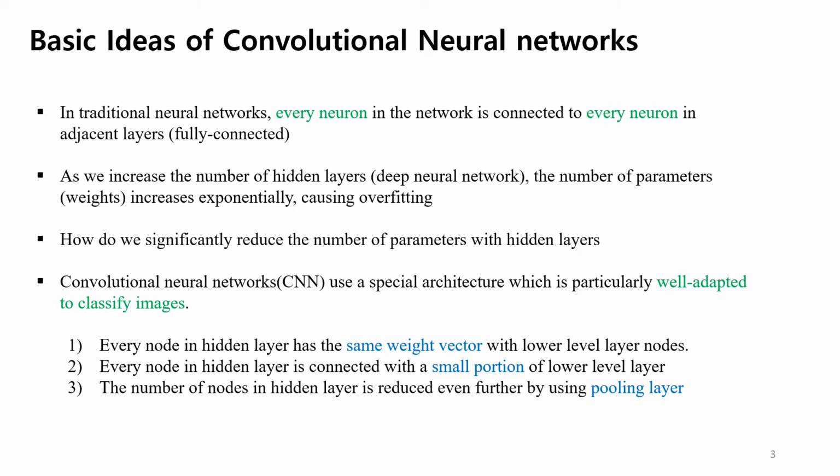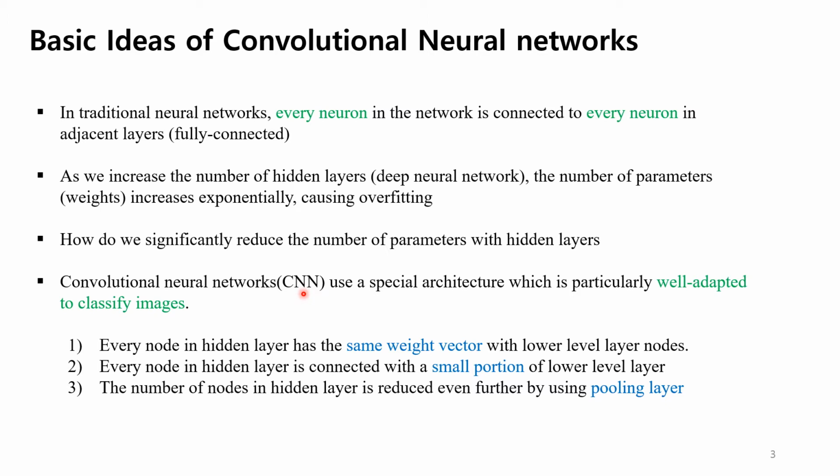The first one is weight sharing, the second one is called sparse connectivity, and the third one is called the pooling layer. We're going to explain these one by one from the next slide on. By using these techniques, CNN solves those problems from the previous slide.